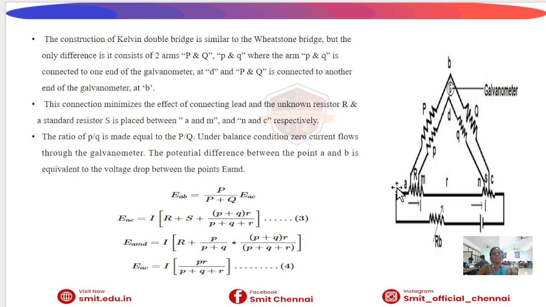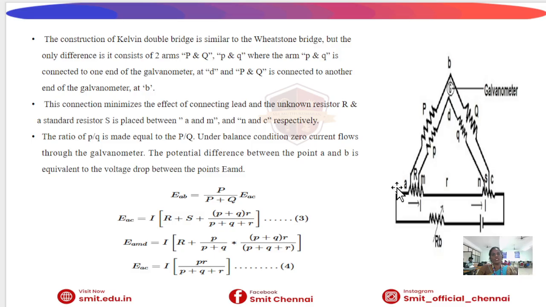The purpose of adding these extra ratio arms is to eliminate errors caused by connecting leads and contact resistance, which are very significant when measuring low resistance.